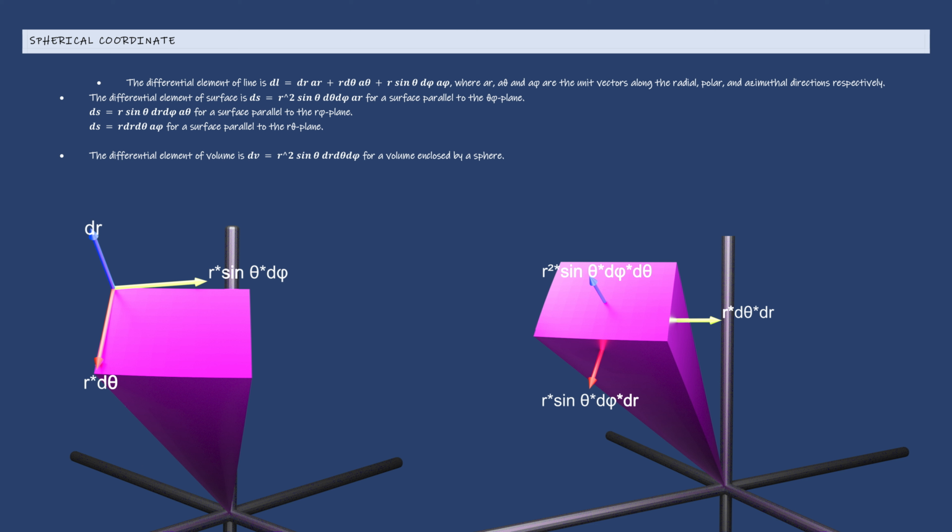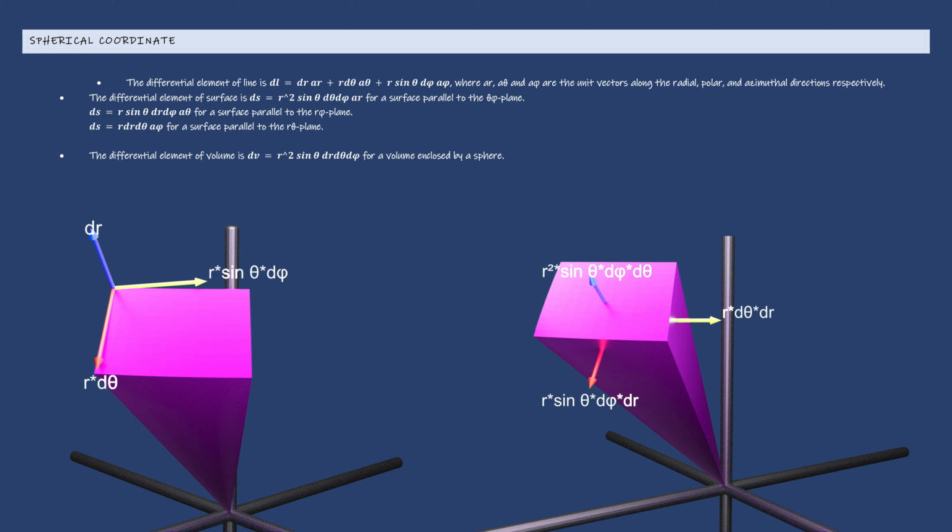This means that if we move a small distance r d theta along the polar direction and r sine theta d phi along the azimuthal direction, the area of the patch is given by r squared sine theta d theta d phi times the unit vector perpendicular to the plane, which is AR.